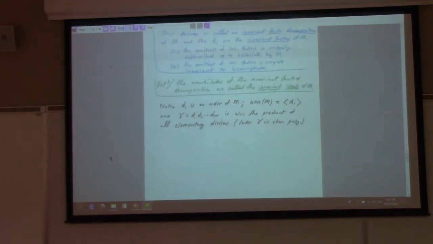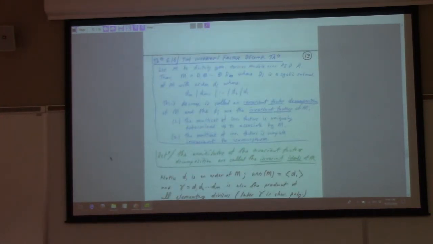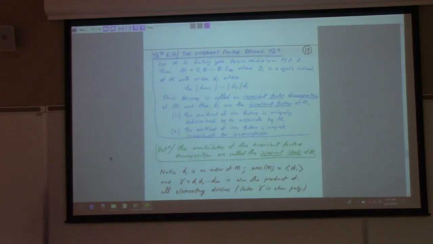So D1 is actually an order of M, because D1 annihilates all of M, if you look at it, right? Because if you have this divisibility condition, it says the order of every piece divides D1. These are orders for each one of these pieces.